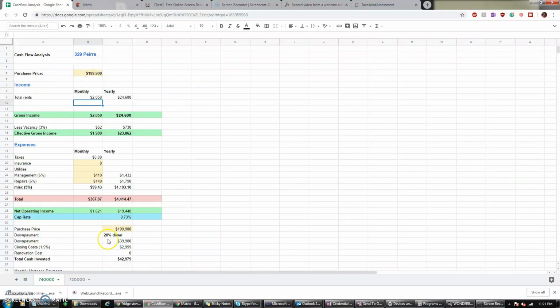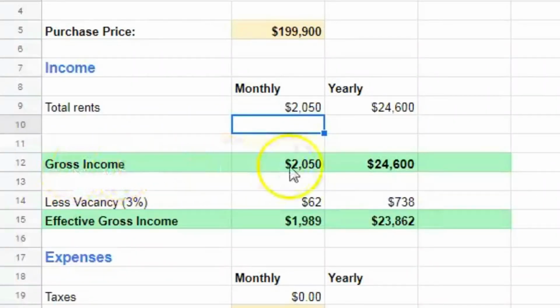Because I have this cash flow analysis Excel sheet ready, when I enter the purchase price plus rents, it will automatically populate most of the information here. Let me go over it quickly. So gross income, which is just your income and your annual total, minus vacancy rate. I'm considering vacancy as 3%.